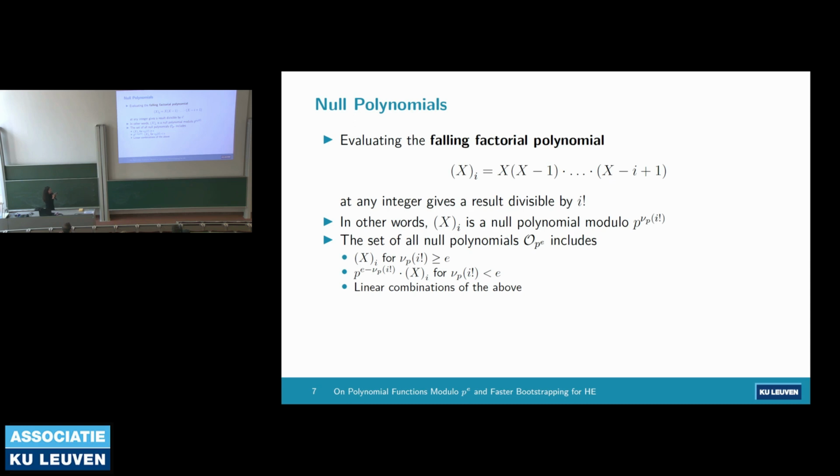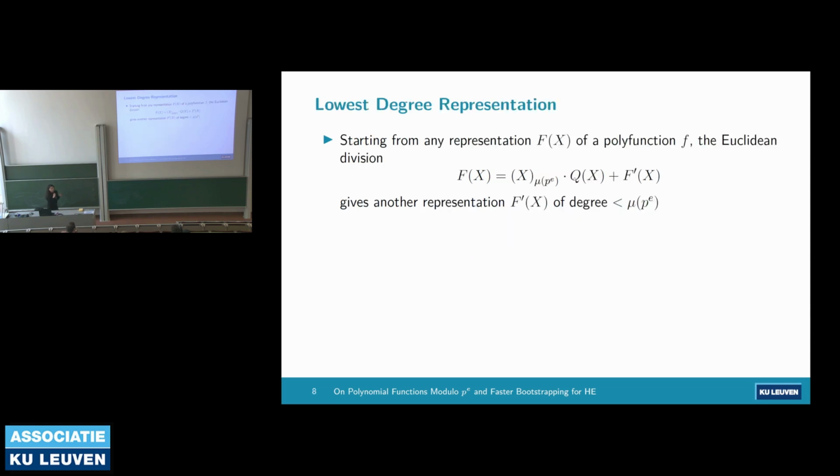So if we denote the smallest i satisfying this criterion with mu of p to the power of e, in other words, x to the mu is the monic null polynomial of the lowest degree, then we can do the following. We start from any representation of a polyfunction, and then we compute the Euclidean division with this monic null polynomial.